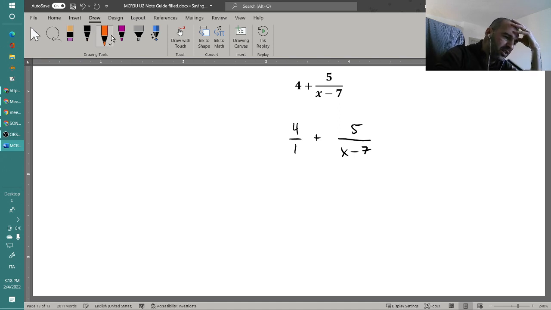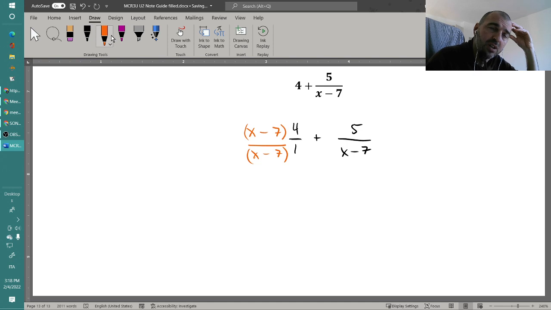Essentially what you want to do is multiply an x minus 7 over an x minus 7 into this fraction. And remember, I did this one the other day where I multiplied what seemed to be a random factor into some number.